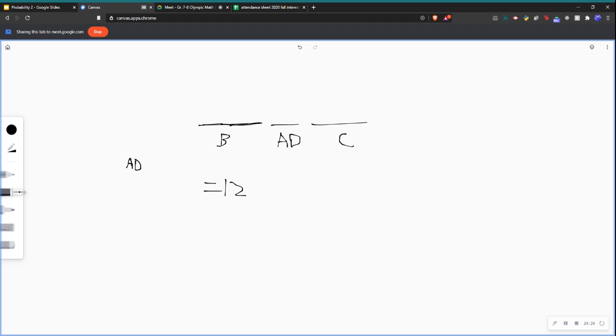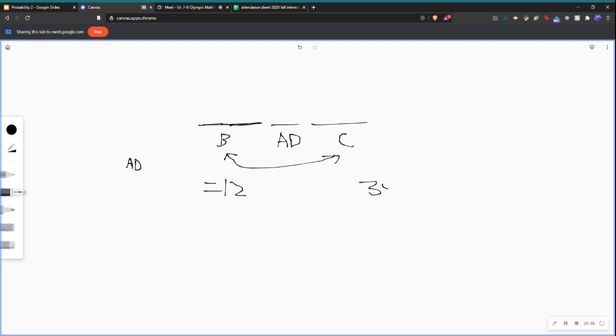The reason why is because you could put this AD, the Alice and David combination, in 3 different spots, right? And for each of those 3 spots, say I just chose the middle, you could swap around Bob and Carl, so you get 2 arrangements each.